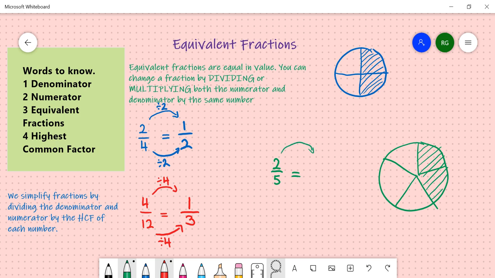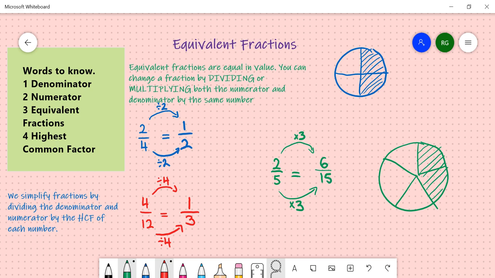As mentioned in the green writing, what we do to the top, we can do to the bottom, provided it's multiplying or dividing. We could multiply both by any number we want. We could multiply it by 2, we could multiply it by 3, 4, and so on. So let's say we multiply it by 3 on the top line. I get 6, and the bottom line, I get 15.